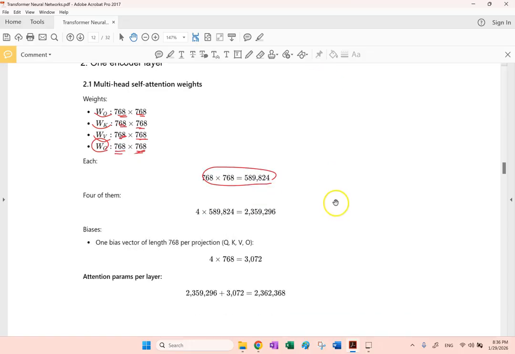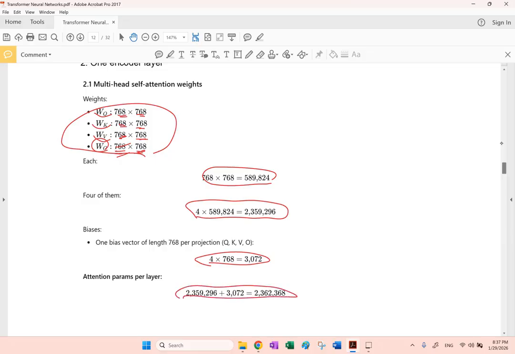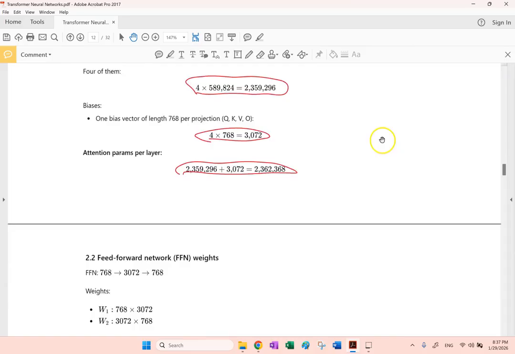And basically, since each one of these matrices was about 600,000 and you have 4 of them, you're looking at 2.3, 2.4 million for the total of all of these W matrices. You also have 4 biases. Okay, 1 bias for each one. And that is another 3,000, which is not a big deal. Again, about 2.3, 2.4 million for attention parameters per layer.